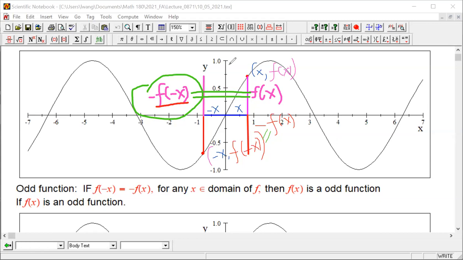I shouldn't be writing it this way. This will be confusing for you. So I'm going to write it here. So f of negative x is equal to negative of f of x. Negative sign in front of it. Are you guys with me?